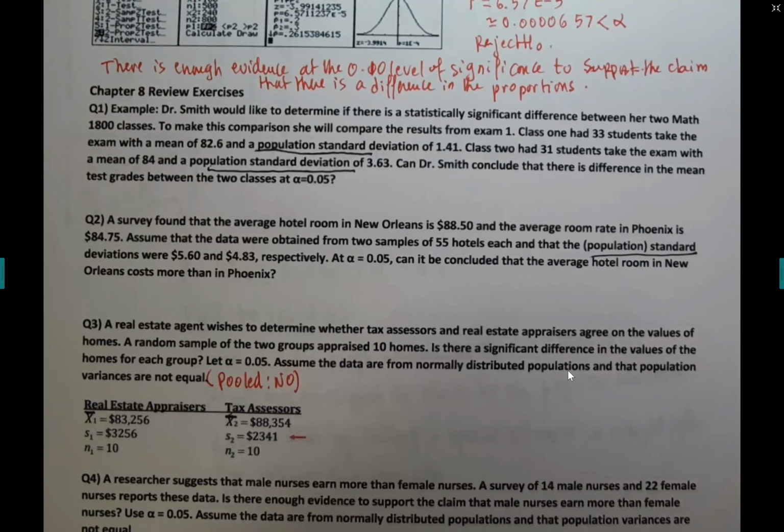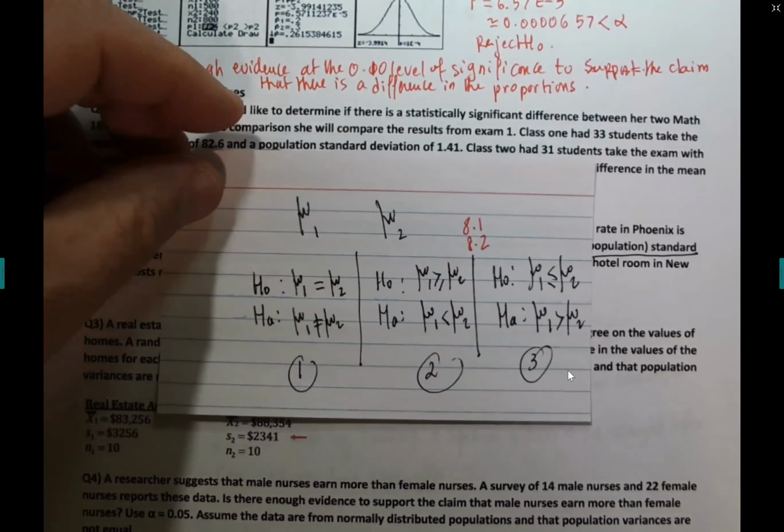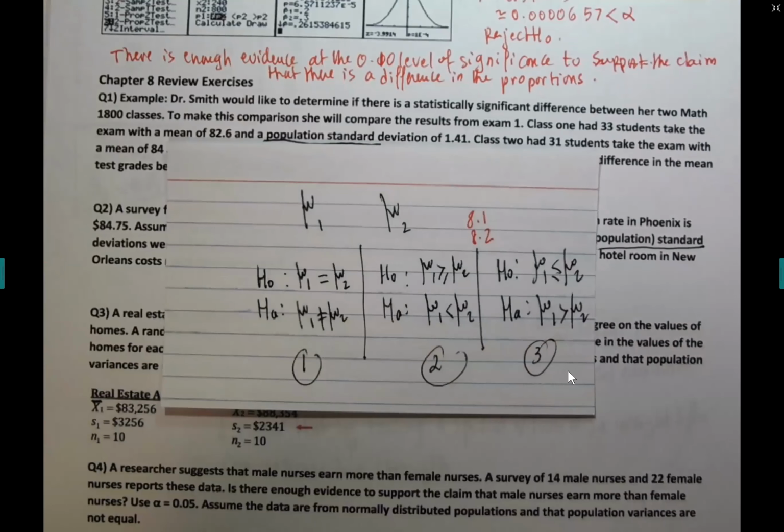Okay, which hypothesis you're gonna pick for me here? He says, can you conclude that there is a significant difference in the values of homes between the 2 assessors? 1, 2, or 3? What do you guys think? I got the chat. Okay, let's see what the chat.